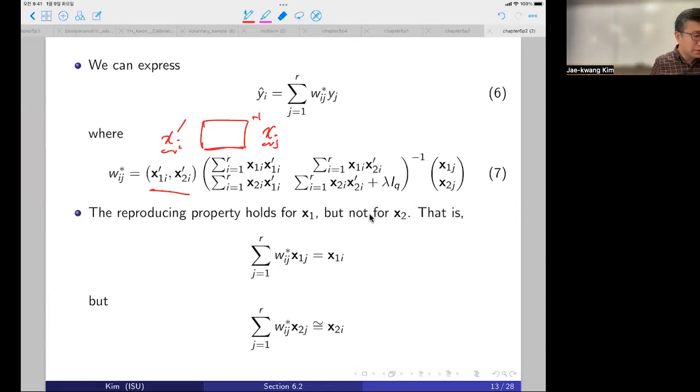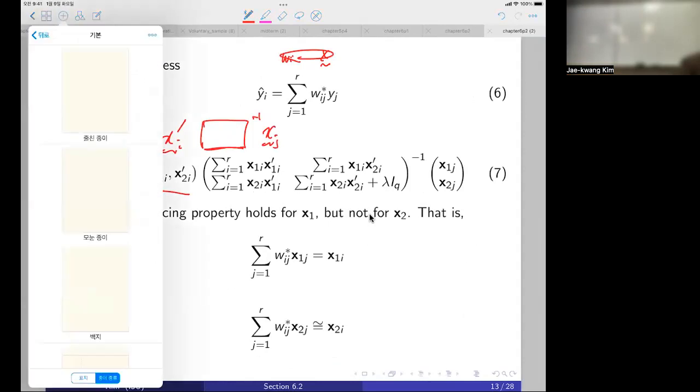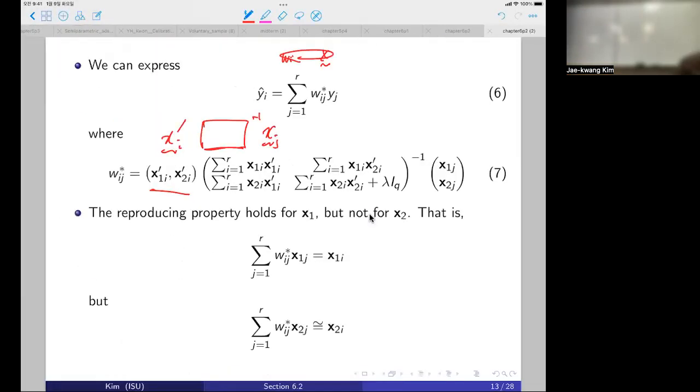Okay, so then how to prove this? Well, you can write it. Let me write it this way.